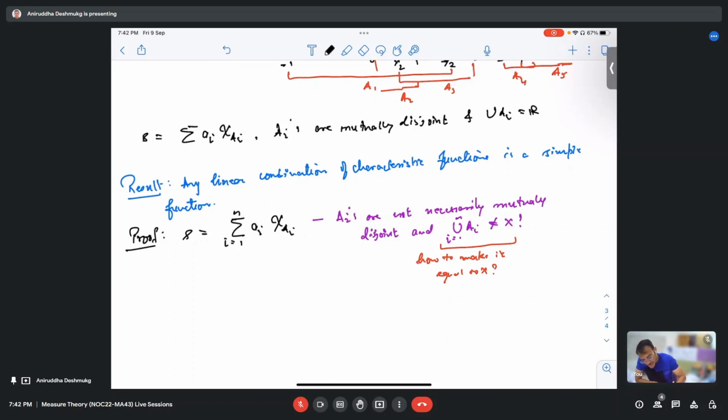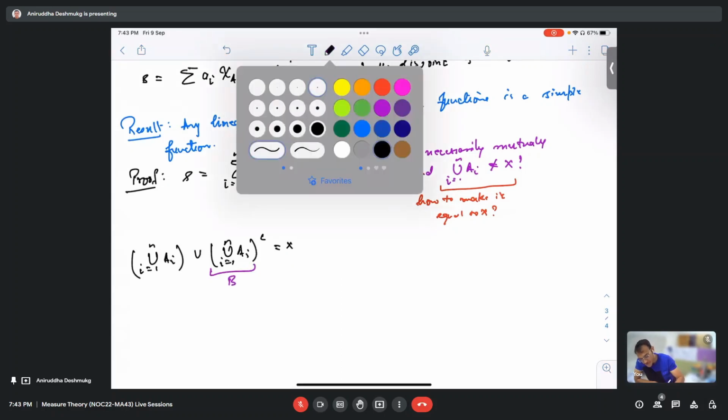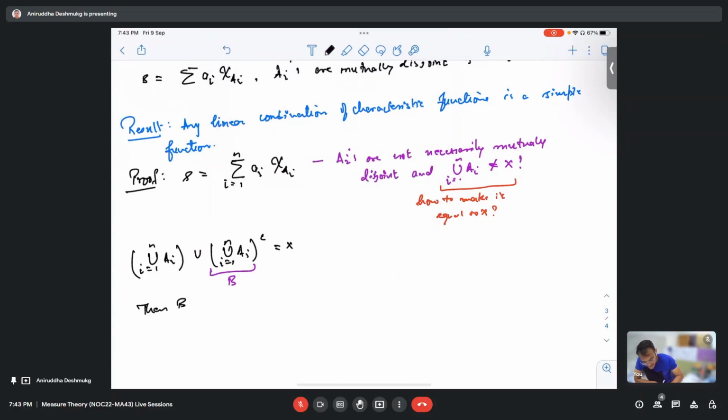Exactly. So even though the union is not equal to X, we know that this union with this complement must be equal to X, right? Now if I call this set B, then B is disjoint with every A_i. Do you agree with that? Yes, sir.